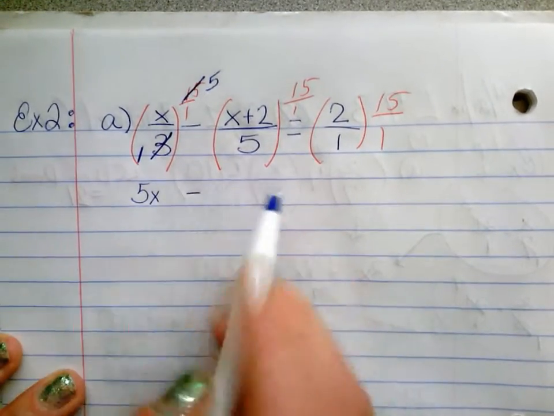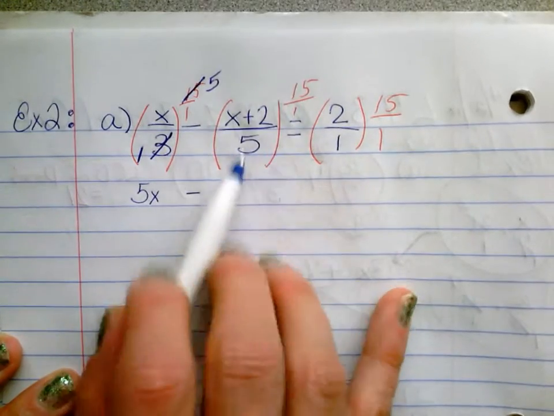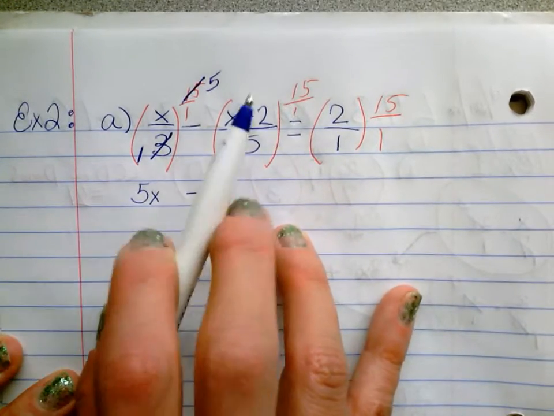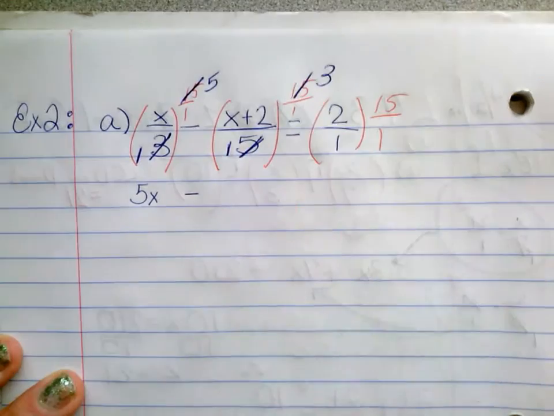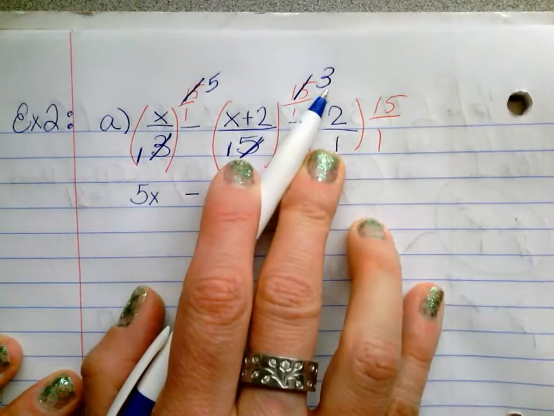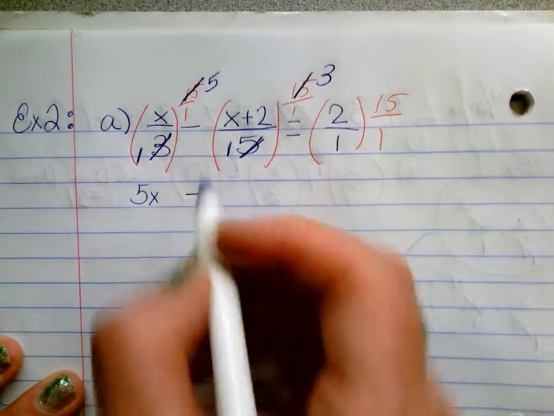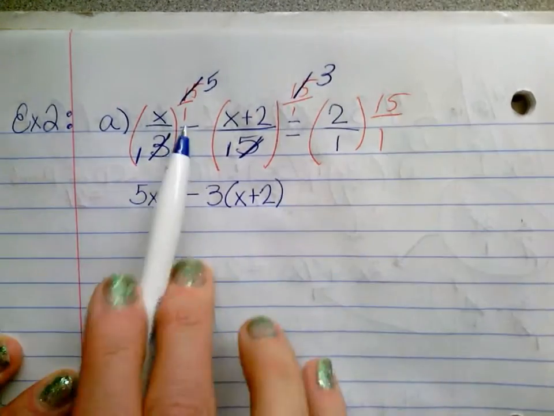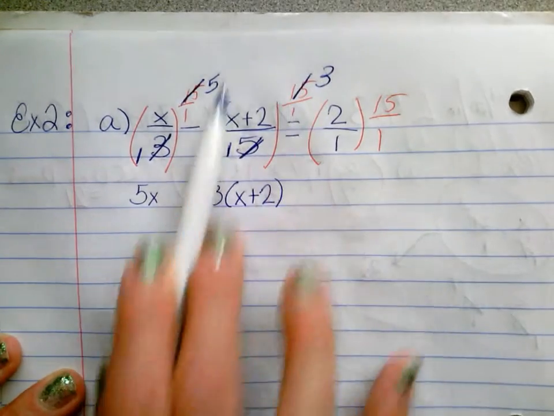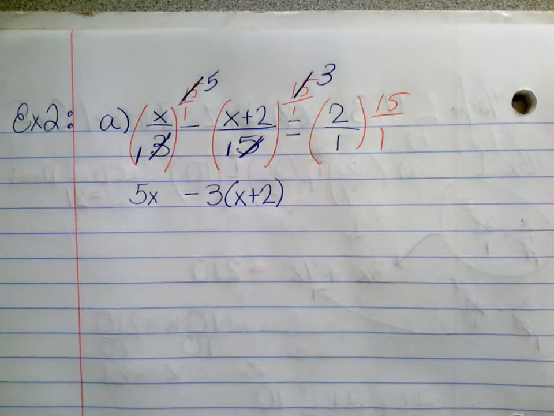Okay, this piece might be a little tricky, so I'm going to break it down a little bit. 5 and 15 reduced by a factor of 5. And now what we have, I just want you to see it, is negative 3(x plus 2). Notice how this negative, I'm inserting it in front of the 3. That way I do not forget that that negative affects both those pieces.